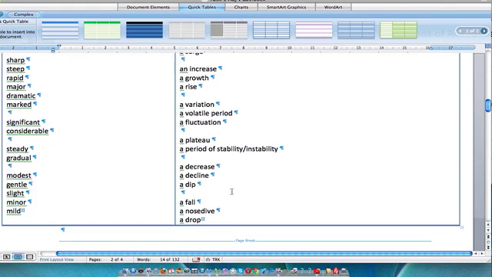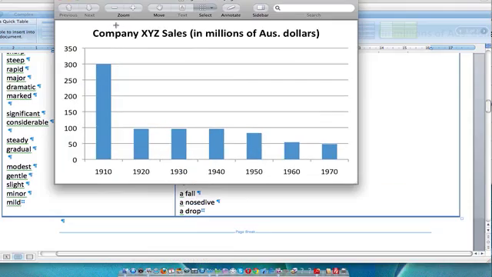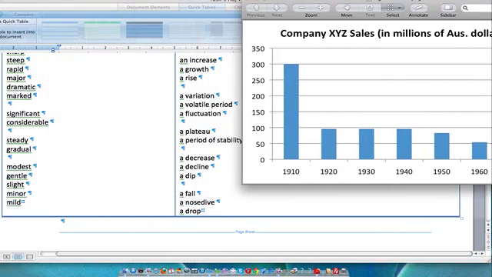Now at the bottom of my table here, I have a fall, a nosedive, and a drop. And obviously these three words would be accurate ways to describe this portion of our graph. Now nosedive and drop, actually more particularly nosedive, I probably should have put at the bottom of my list here. A nosedive would be something like this. It's a very, very large fall.